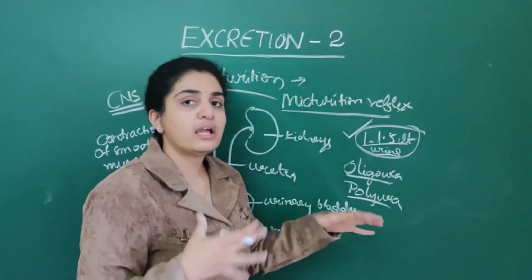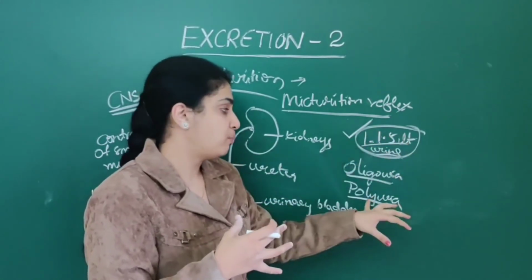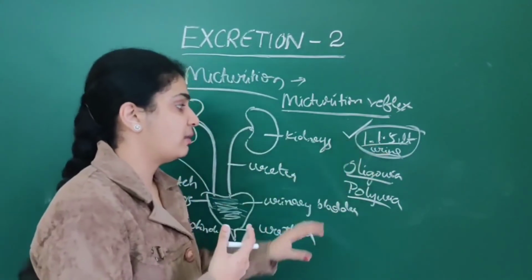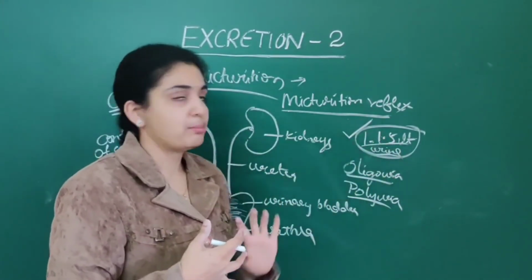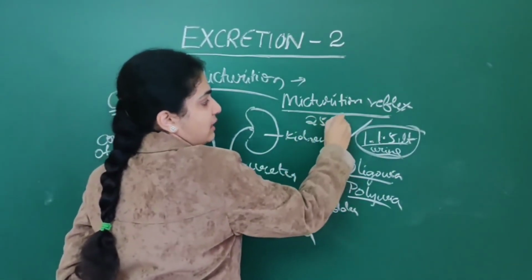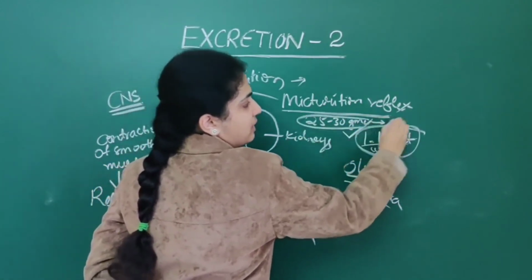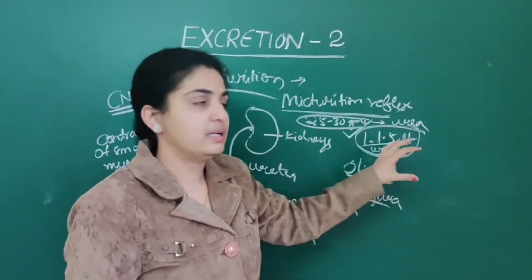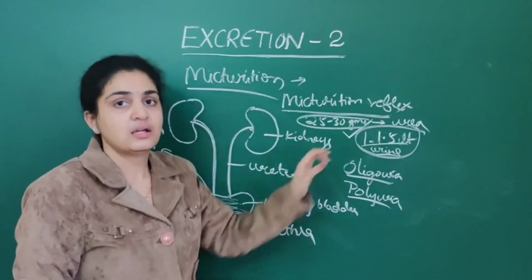Along with about 1 to 1.5 liters of urine, about 25 to 30 grams of urea is excreted. Urine is 1 to 1.5 liters, whereas urea is 25 to 30 grams.